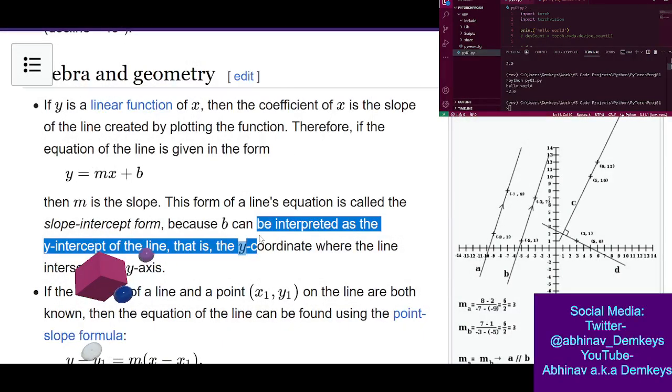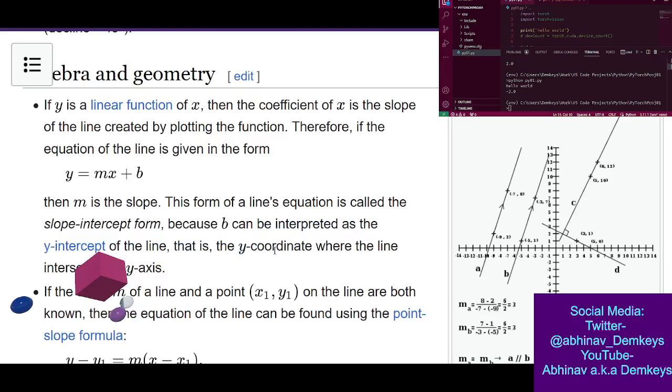I knew what a slope is practically, but I never actually understood what it is mathematically and how it is represented mathematically. So it was always a confusion for me as to what is going on here. And I would see this equation all the time, and again I didn't get it.